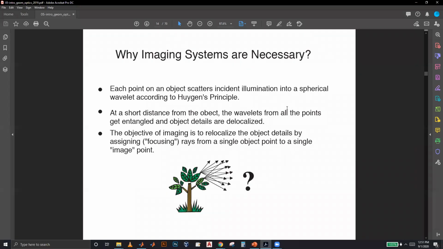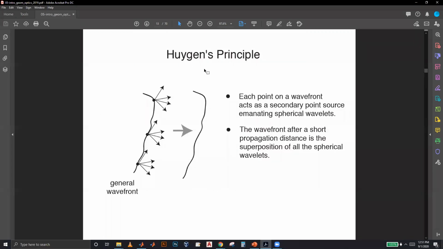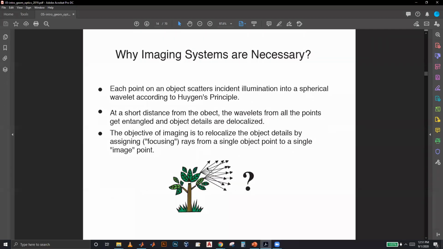So now the question is, why are imaging systems necessary in the first place? And why did we talk about this principle? So imagine you have some objects in space and light is scattering off from that object. That's how we basically see anything, right?